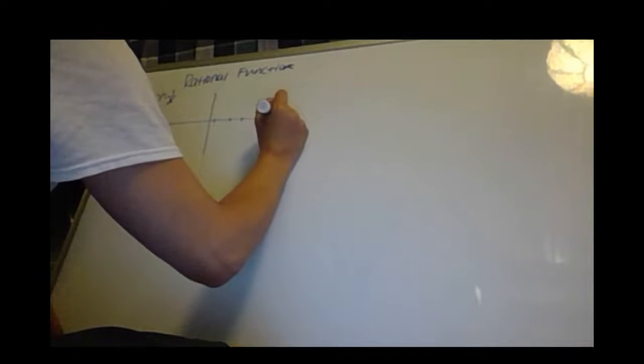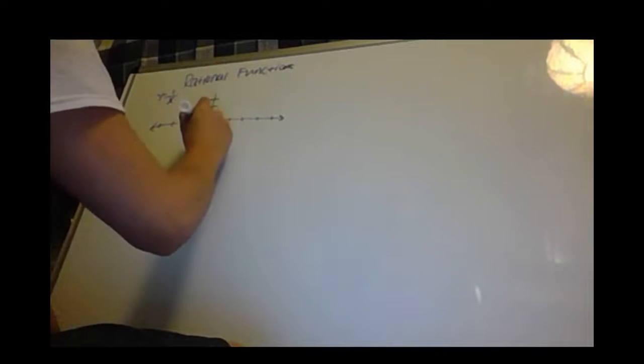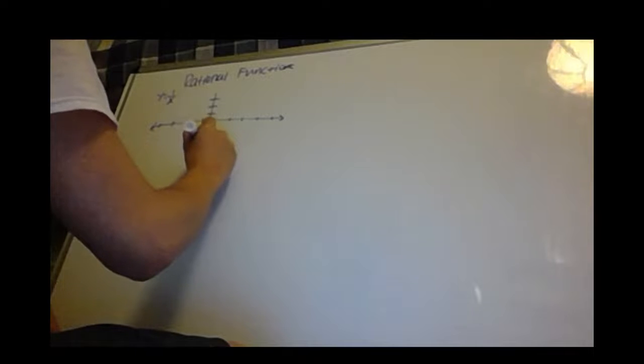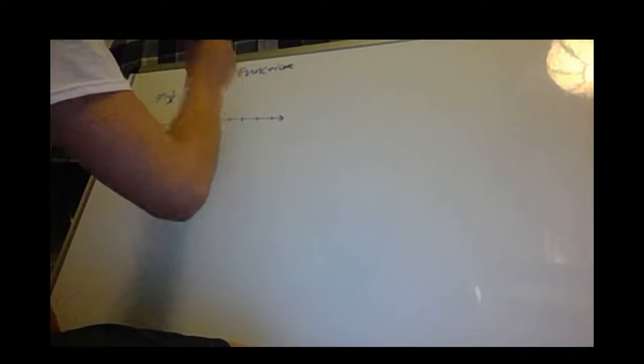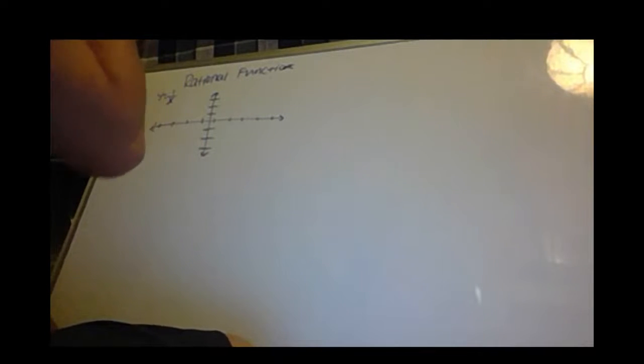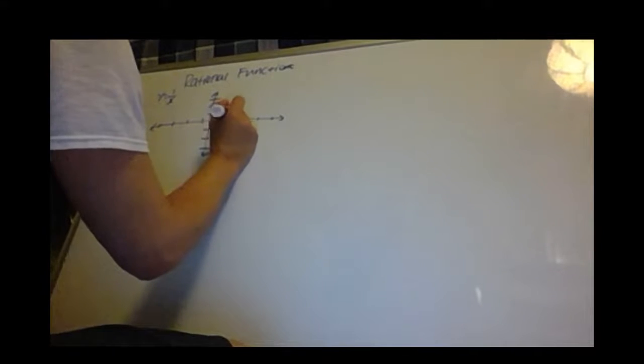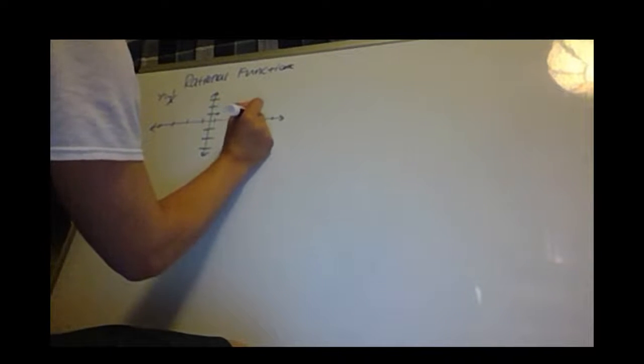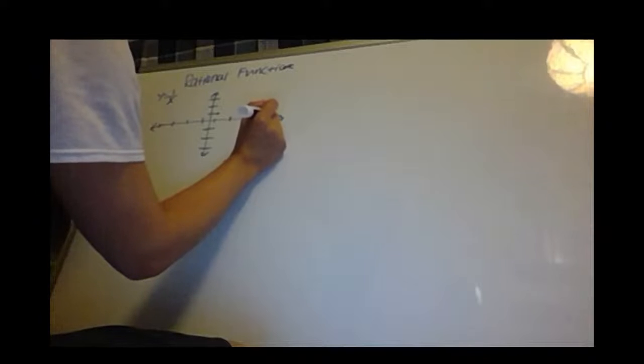So obviously if we do 1 over 1, and then 1 over 2, that's 0.5. 1 over 3, it just keeps going further and further to 0, right?